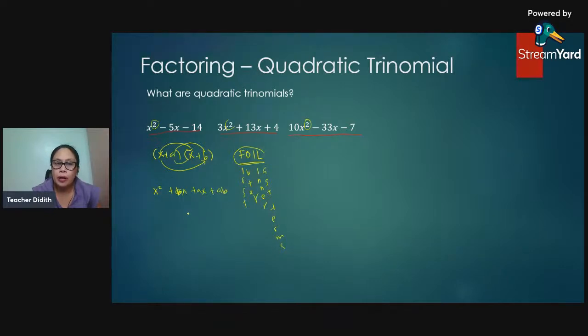Take note that we can combine bx and ax because they are similar. They are similar in the sense that they have the same literal coefficient.